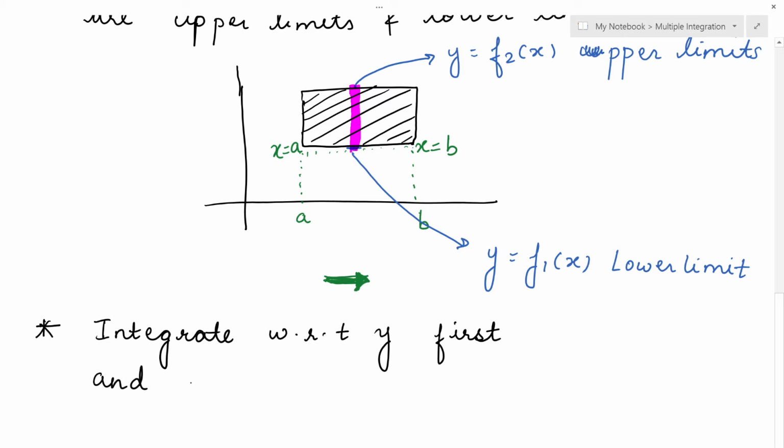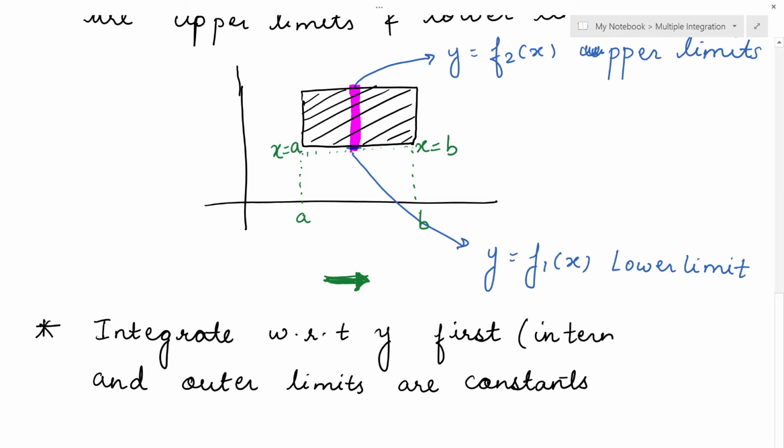And the outer limits are constant. Okay, outer limits will be constant and you will have to integrate with y first and it will be in terms of x. Obviously, because y is equal to something will be in terms of x.